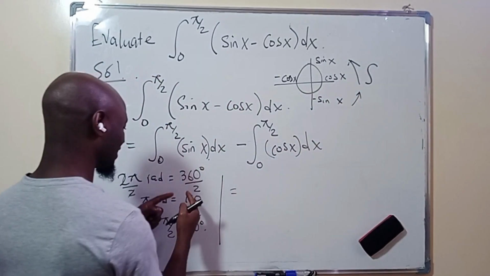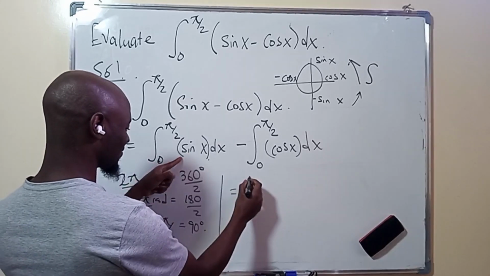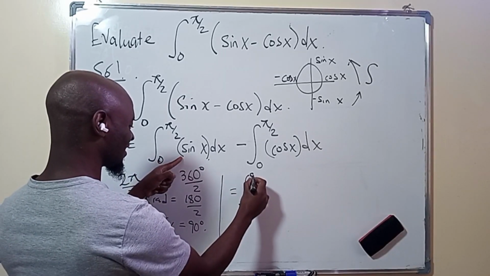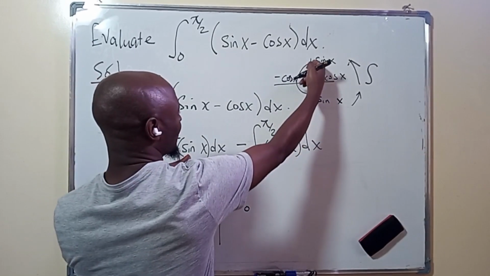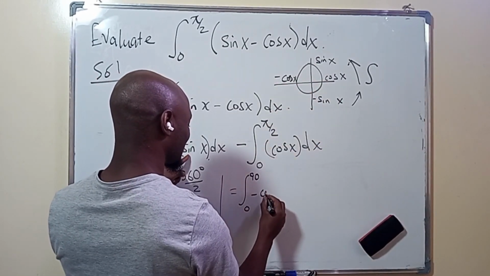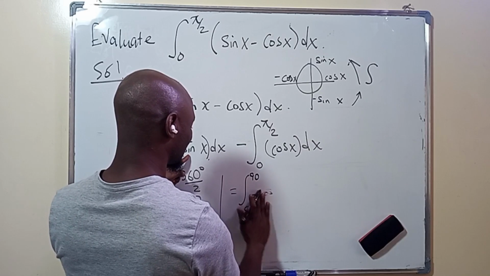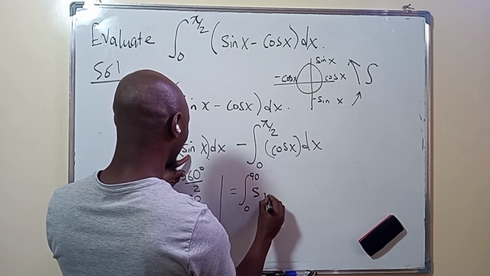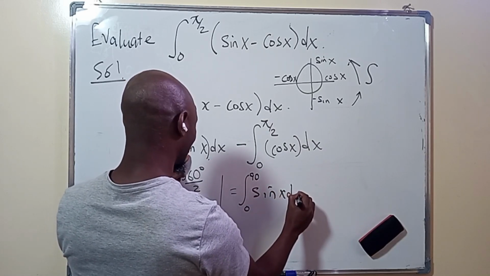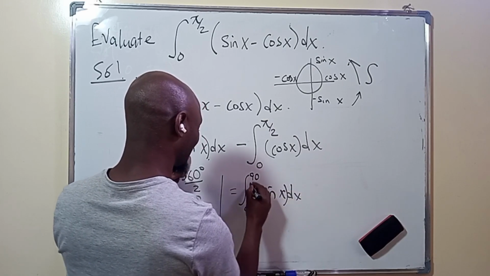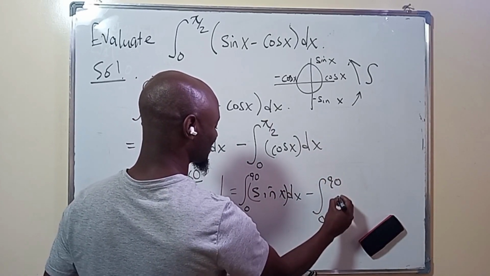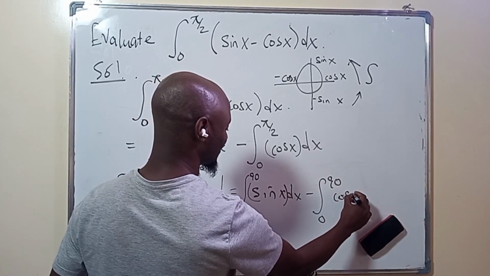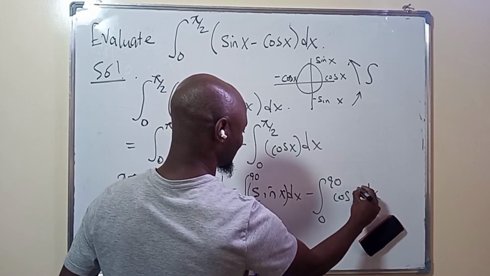So if we try to integrate this one, we are going to have from 0 to 90 degrees. We try to integrate sine x, we are going to come to minus. First let me write it the way it is so that we follow: minus from 0 to 90 degrees of cos x dx.